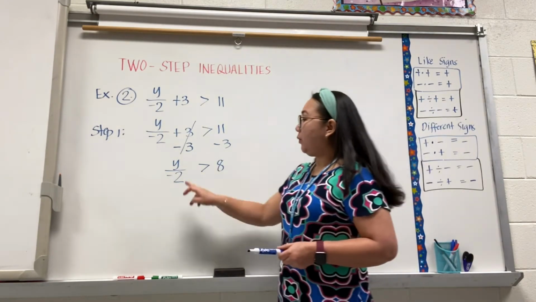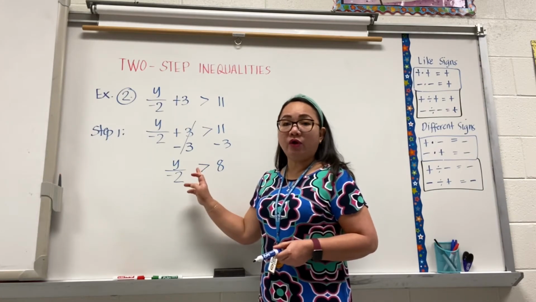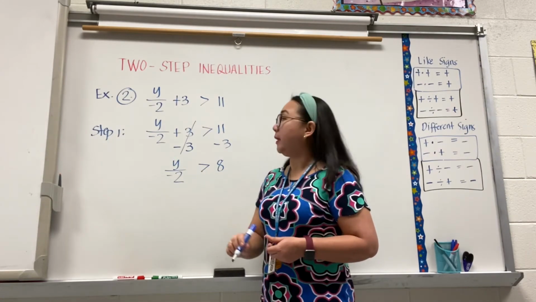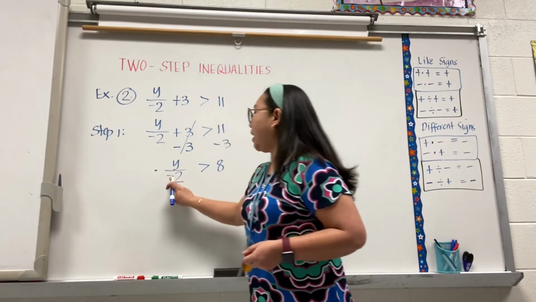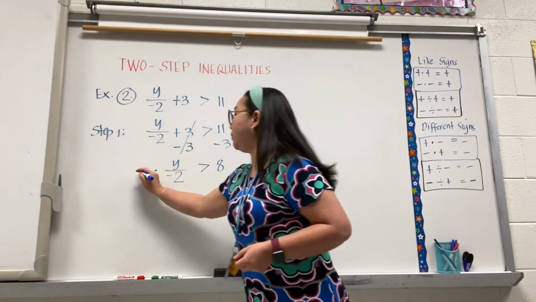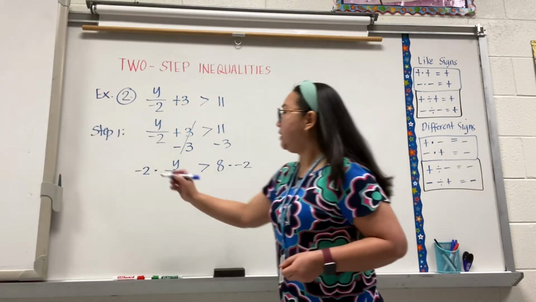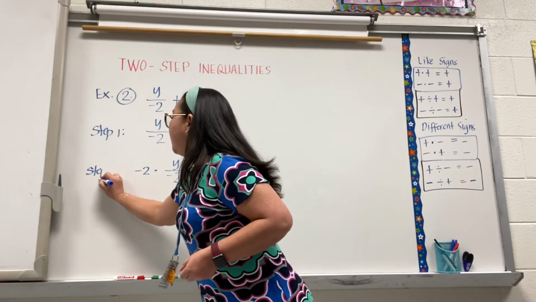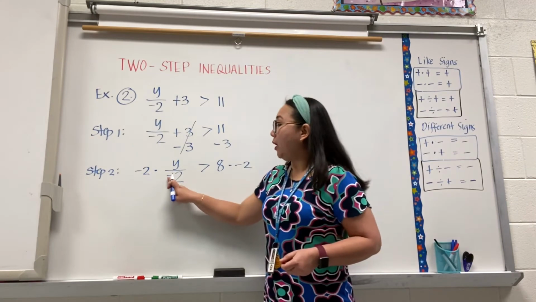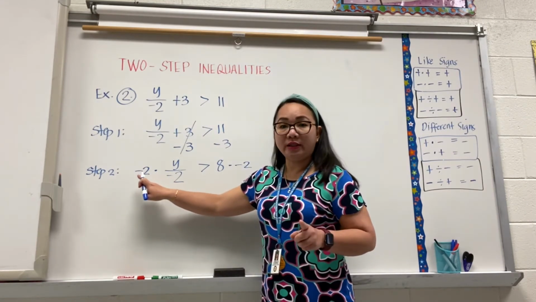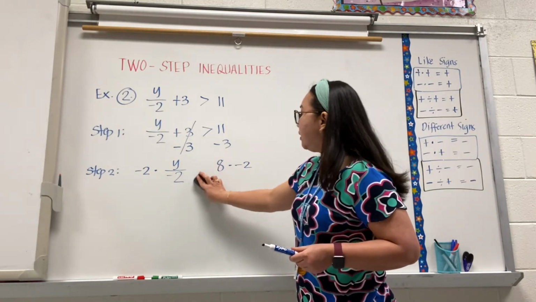Now here, we have a fraction bar, so that means division. So get the inverse of division, which is multiplication. We will multiply both sides by negative 2. So this is our step number 2. Now, notice that we are multiplying by a negative number, which means we will reverse the symbol.